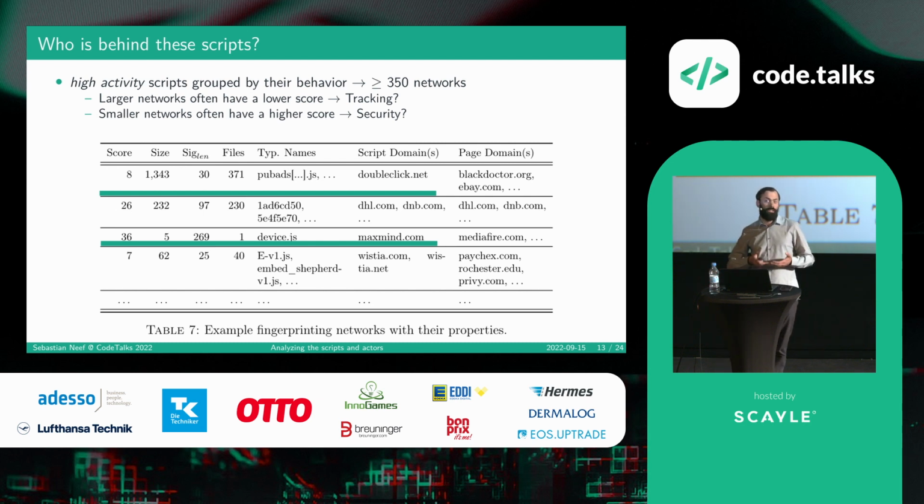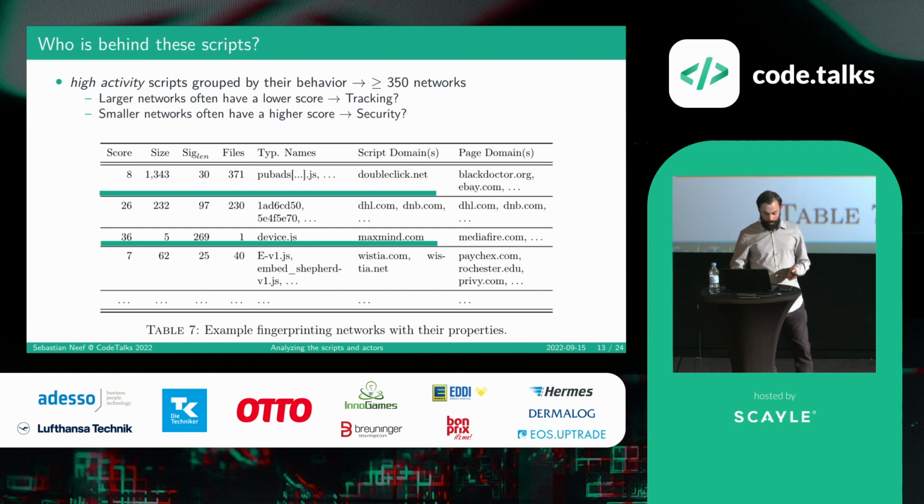And for tracking, you might just want some more information to complement your cookie-based or other approaches of re-identifying a user. So in this row, you can see that there is maxmind.com with a script called device.js that has 269 consecutive identical function calls to the feature groups, and it covers about 5 pages from the Alexa top 10,000 pages that we scanned, and it has a score of 36, which is pretty high.